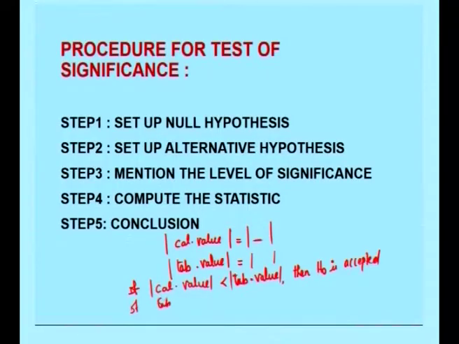If your calculated value is greater than the tabulated value, then H naught is rejected. When H naught is rejected, H1 is accepted because H1 is the complement of H naught.